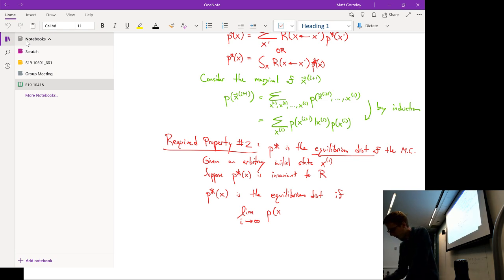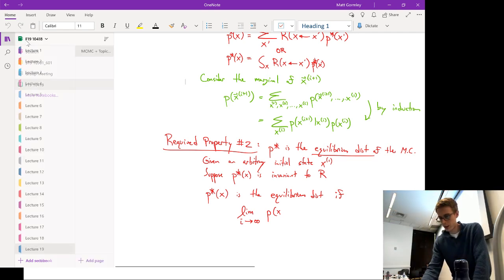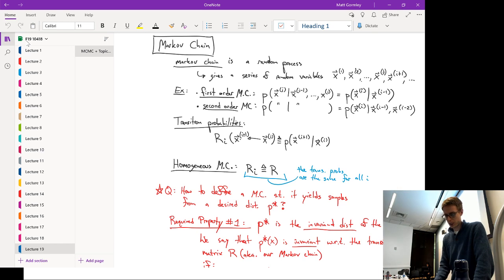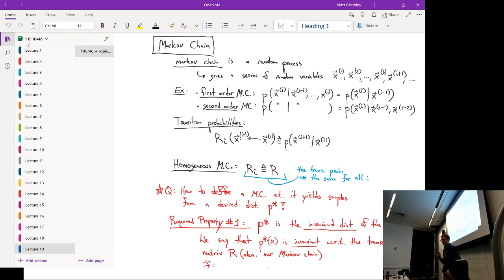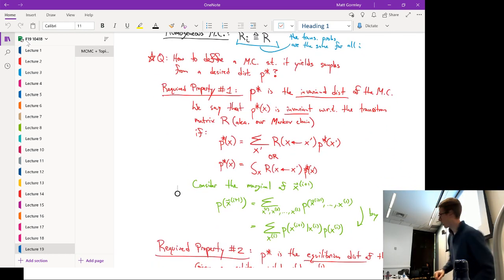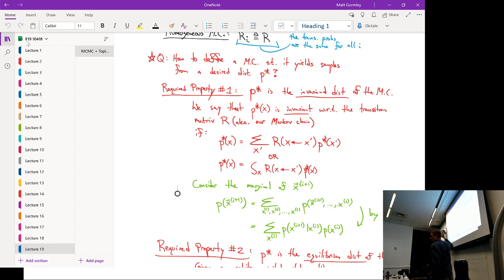Yeah. And just another question. Sure. So in property number 1, is it only true if we're talking about the first order Markov chain, or does it work for others? Oh, sorry, I didn't make that clear. We are assuming that we're working with a first order homogeneous Markov chain. That was my assumption. For others, we just need to change the statements a little bit, because the way that we wrote the statements for required property 1 was in terms of this transition matrix.